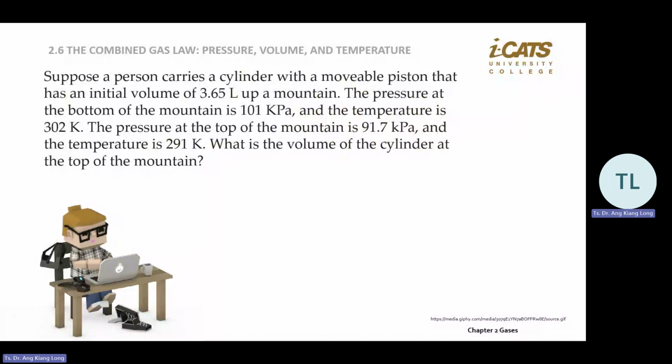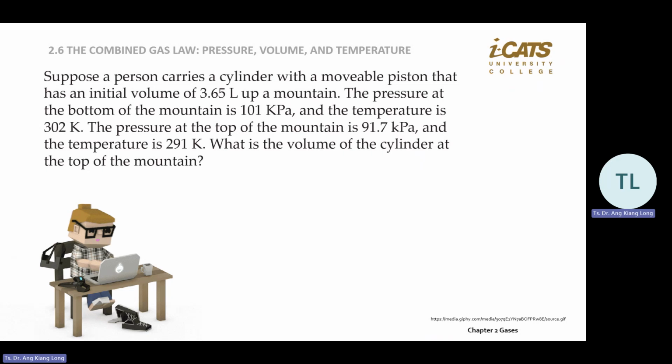Okay, so this is another application of the combined gas law. It gives you a scenario: a piston with a volume of 3.65 liters, pressure at the bottom of the mountain 101 kilopascal, temperature 302 Kelvin. Again, in the test, I'll put Celsius. The pressure at the top of the mountain is 91.7 kilopascal, temperature is 291 Kelvin.